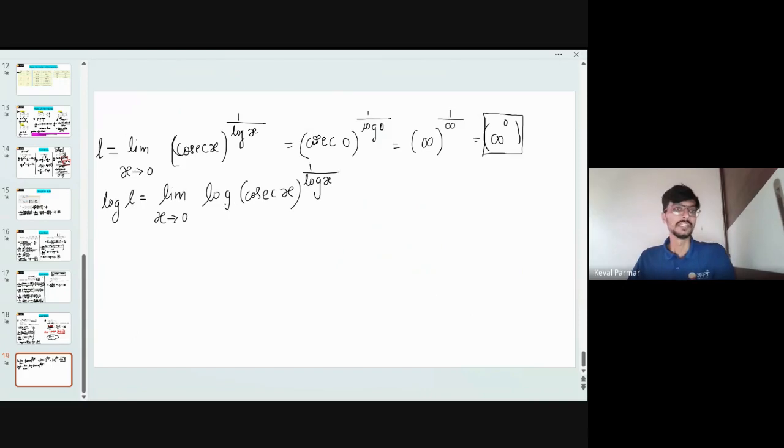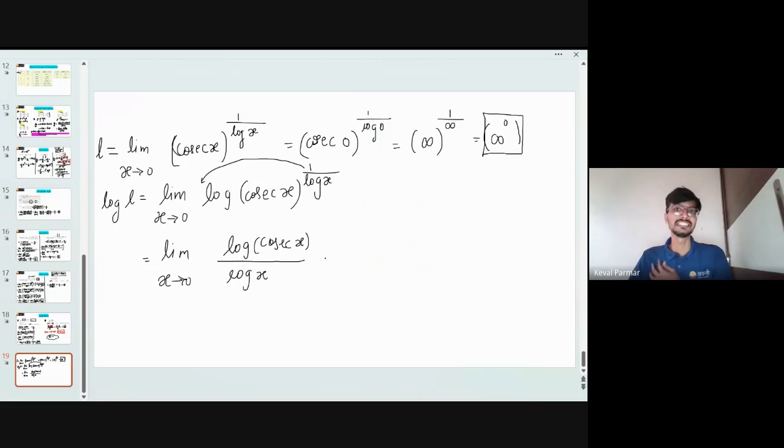If you know the property of log, this 1 upon log x will come forward. So I will get limit x tends to 0 of log of cosec x upon log x.